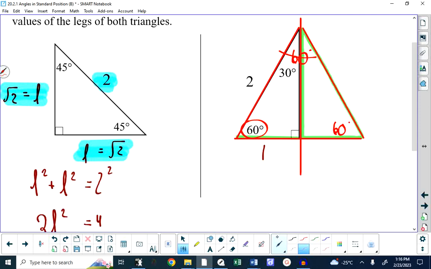But regardless, this is an equilateral triangle, which means since all 3 angles are equal, all 3 sides are equal, that means this is 2, and this entire distance must be 2. But since these 2 sides are equal in the 2 triangles, each of them must be half of the 2. So that means it's 1.